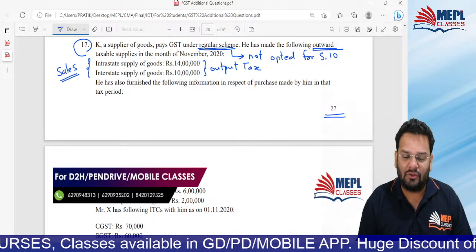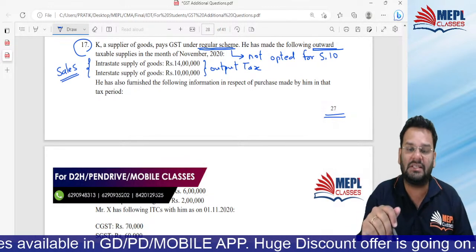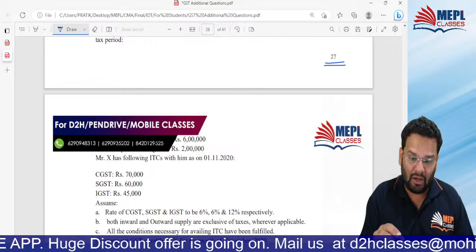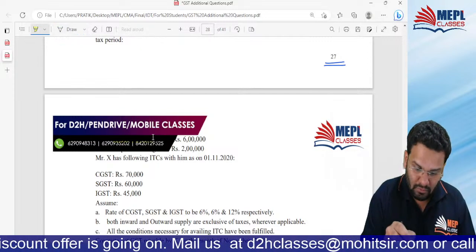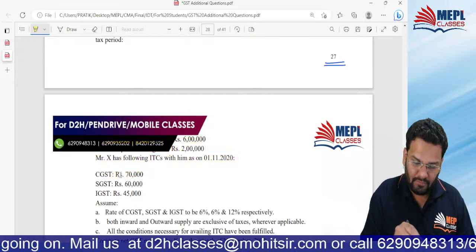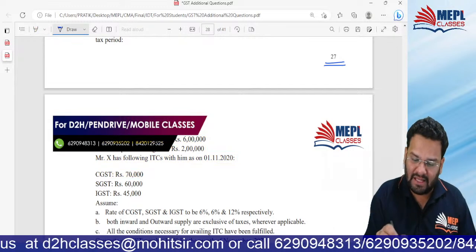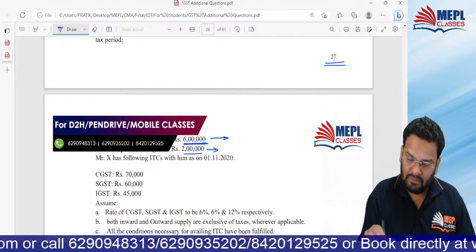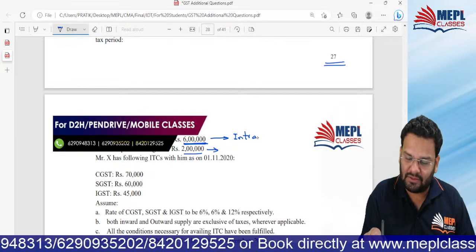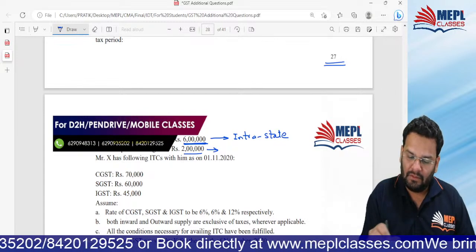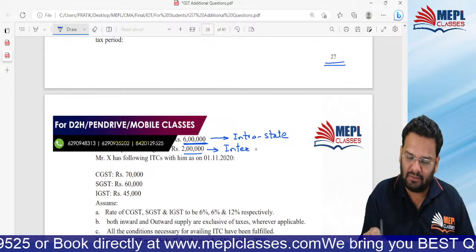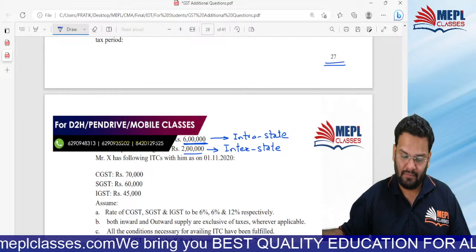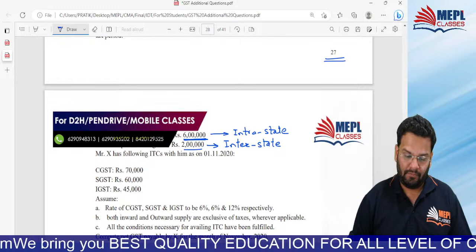He has also furnished following information in respect of purchases made by him in that tax period. Let me tell you, this 6 lakh rupees is intrastate. This 2 lakh rupees is interstate. Understand?